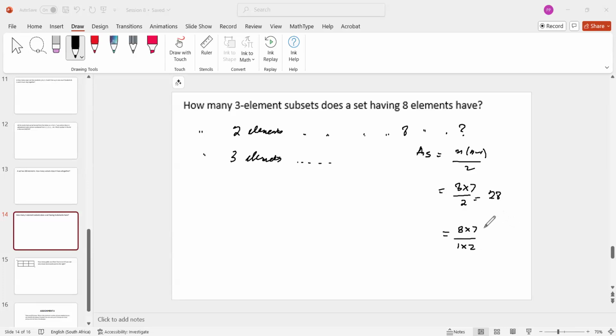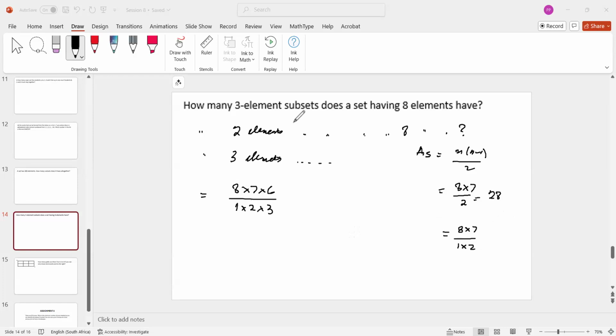This is the number of 2-element subsets. But the number of 3-element subsets is very similar to that. It's 8 times 7 times 6, but at the bottom you have 1 times 2 times 3. And so there is a very nice pattern in this.